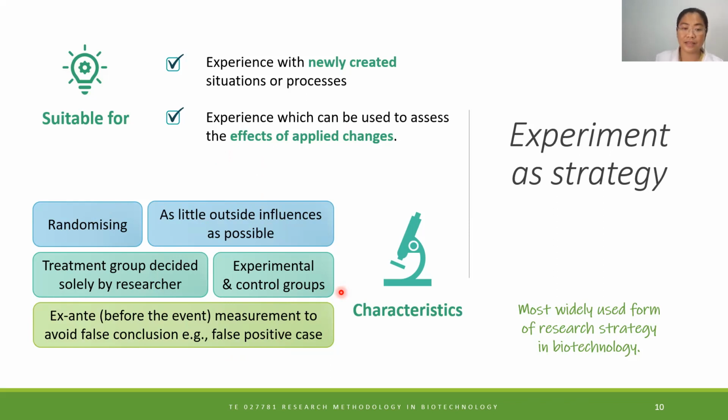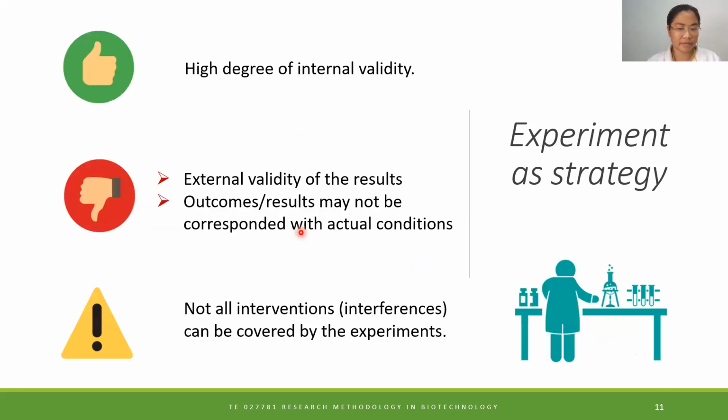That is very important, and also you should design your experiment such that you avoid any influence from other things that might affect the results you get from your experiment.